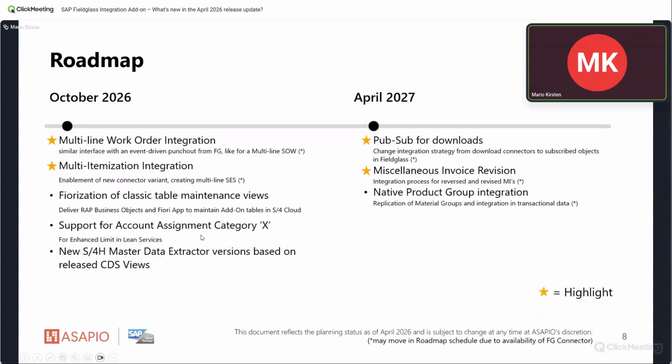Another big one is the account assignment category X. This is also something that Fieldglass introduces with a May release. We are looking to enable that feature in the integration for the enhanced limit items in lean services, because with S/4HANA 2025 FPS1, I think it was, it's also available in lean services in S/4HANA.